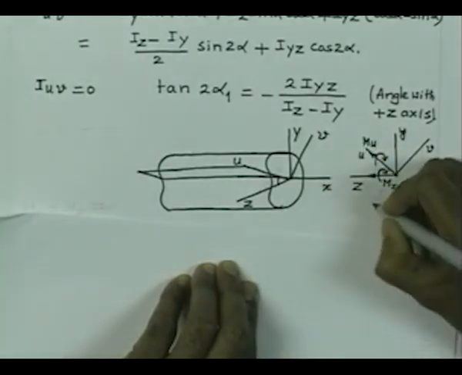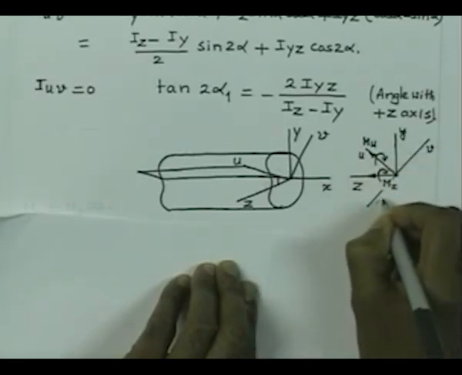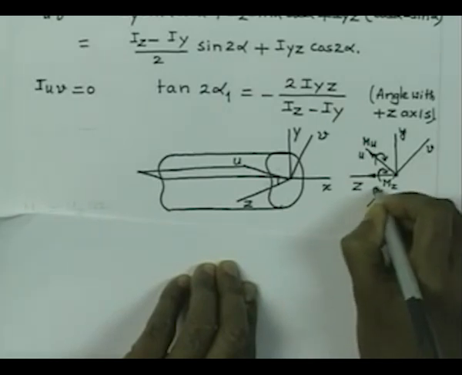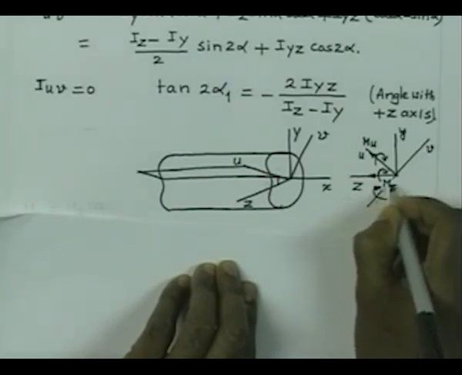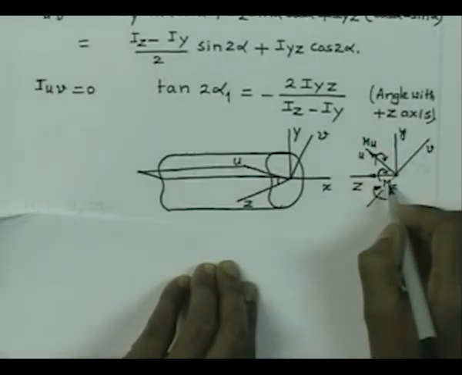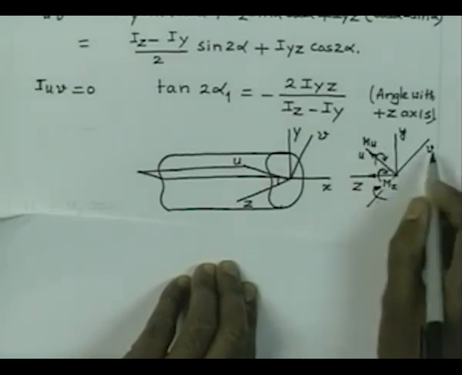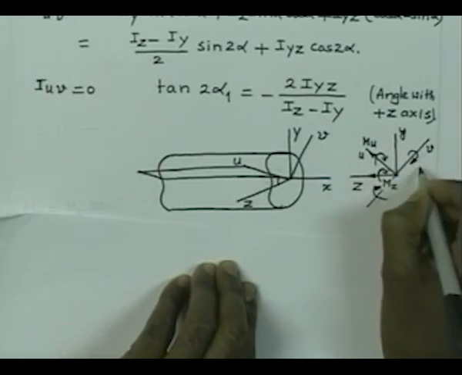Similarly, if I resolve the Mz component in this direction, which is the minus v direction, we will get a component like this along the v axis. So, from this Mz we get Mu as Mz cos alpha, and Mv, considering our convention, will be positive in this direction, that is our positive right hand screw rule.